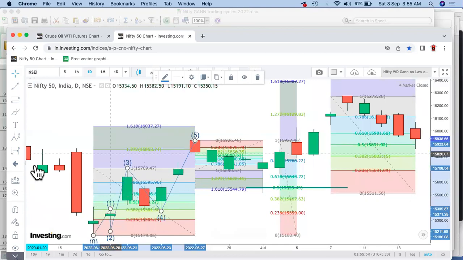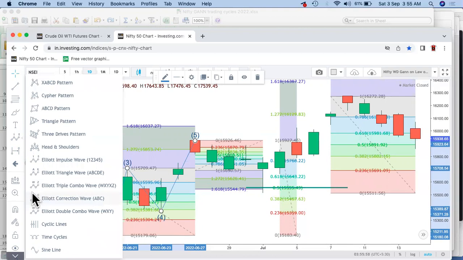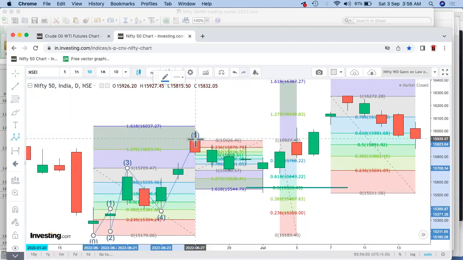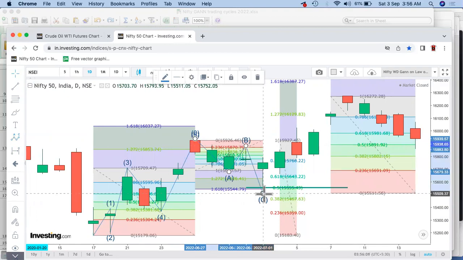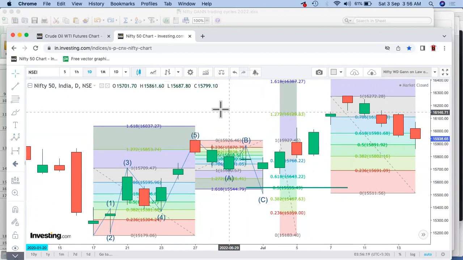We'll see in terms of the time part, not the price part. So we can consider this as 0, 1, A, B, and C. We have again one ABC, and the ABC is again coming to 0.5. Again, this can be a coincidence. We are not 100% sure because we have taken only 2 examples.